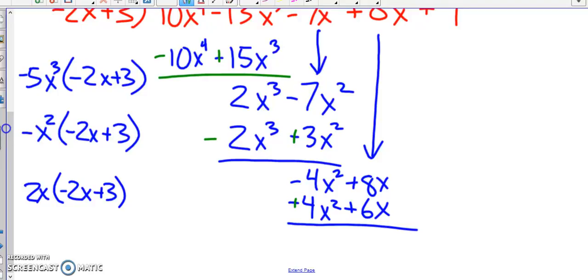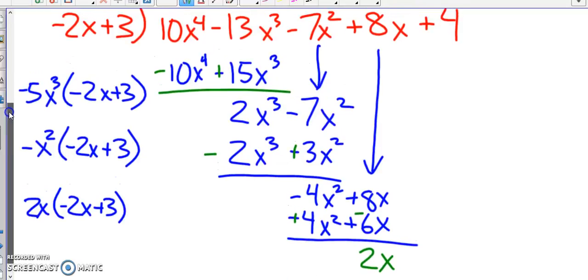Change the signs, that becomes plus, that becomes minus. 4x squareds cancel, I get 2x. Oops, that's in the wrong color. Oh well. 2x, and then I bring the 4 down, plus 4.